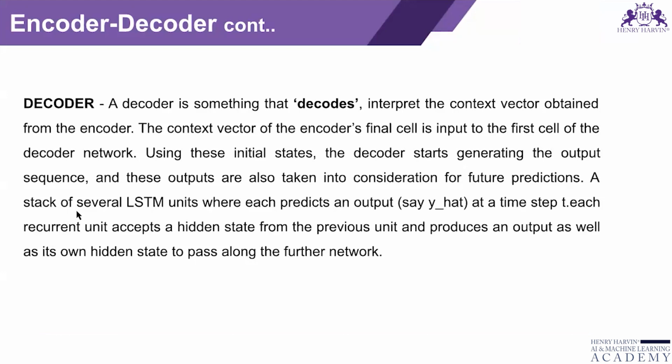So a stack of several LSTM units. Stack means, as you can understand, that we are storing something one above the other, one, two, three, four, arranged at the top level. The stack of several LSTM units means three units: input cell, output cell, and current cell.